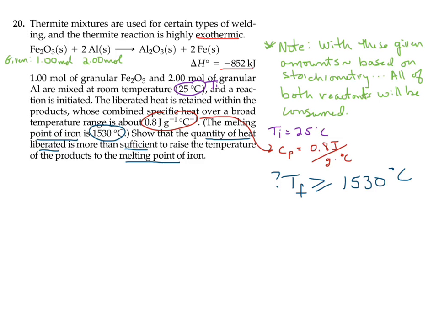And if you read it a few times, it's basically wanting to know that when you take this certain mass of Fe2O3 and Al and allow it to react, it's going to heat up. Is it going to reach a final temperature that is equal to or greater than the melting point temperature of iron, which they give as 1,530 degrees Celsius? So that is your question.